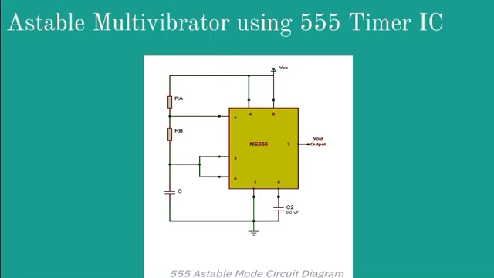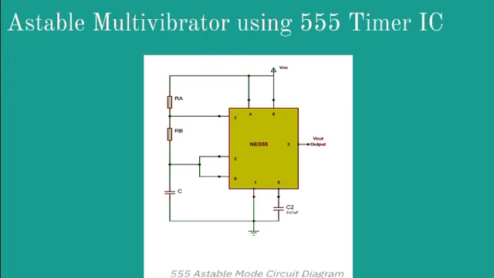If you are wondering what the practical applications of an astable multivibrator are, one of the most common applications is to generate time delays. For example, let us say you want to turn an LED on for 1 second and keep it off for 0.5 seconds.